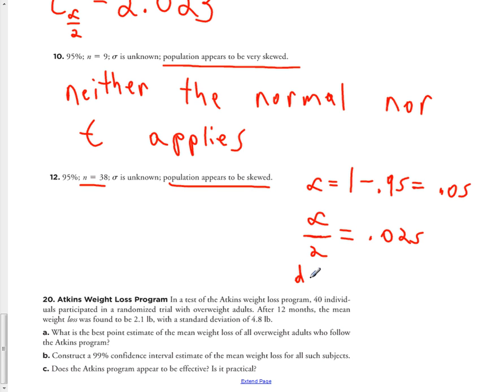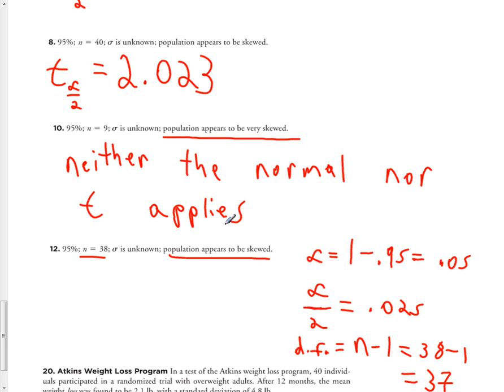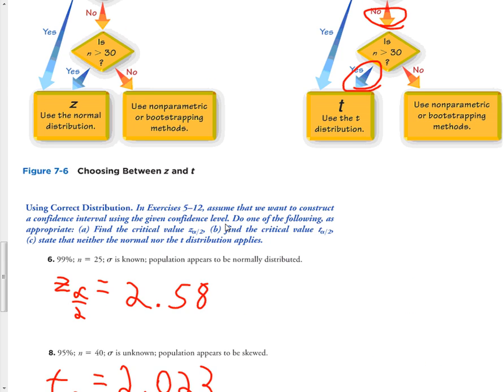The degrees of freedom are n minus 1, which is 38 minus 1, which is 37. So we have 37 degrees of freedom and alpha over 2 is 0.025, the two pieces of information we need to use the t distribution.